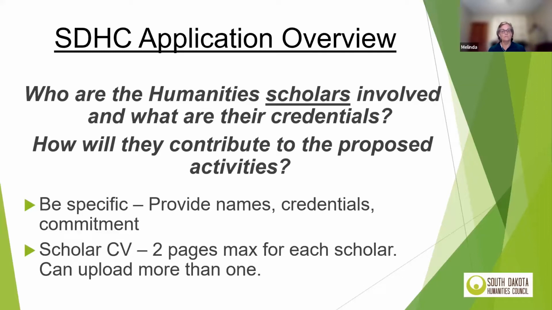Tell the scholar's credentials and provide the basis for confidence that this person or persons are the right choice for this project. You'll need to provide a CV for each scholar, and each one can only be 2 pages long. If you have several scholars, you can scan all of the 2-page CVs into one document and upload that.